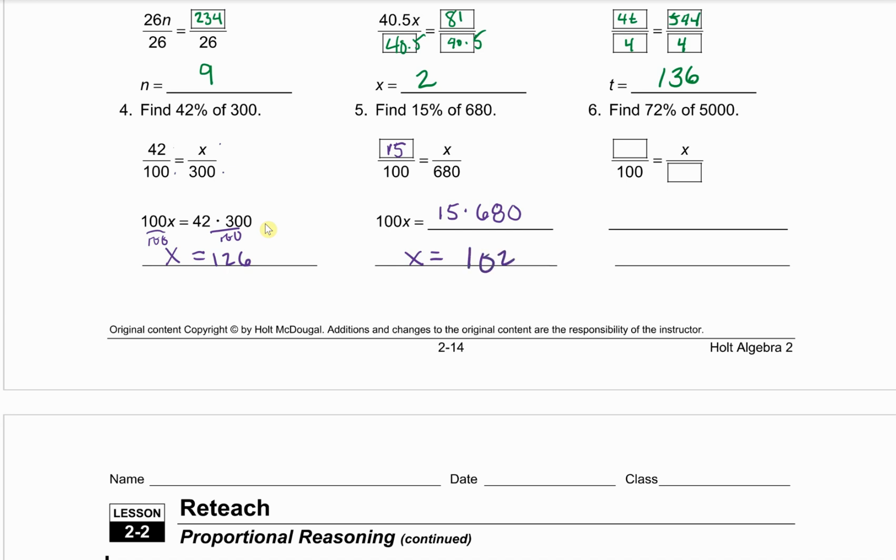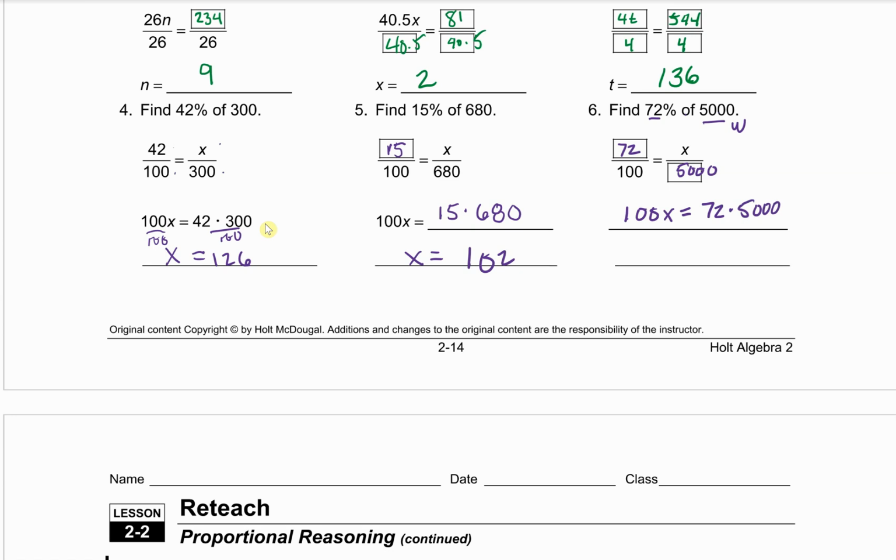102. And here's 72% of 5,000. Of 5,000. That's my whole. So 5,000 is going to be down here. 72%, the percent always hangs out with 100, so it's going to be up there. So I'm going to get 100x equals 72 times 5,000.